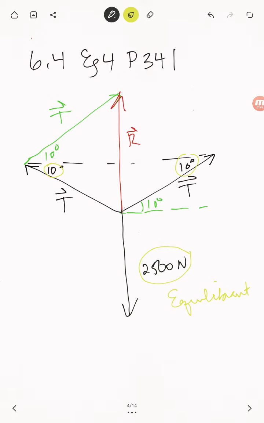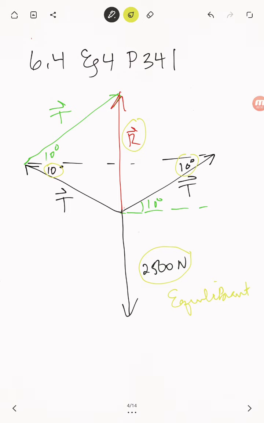And the only way that could be possible is if the forces acting on the stoplight are balanced. And so therefore, the weight of the stoplight is the equilibrant. And what we actually need to find is the opposite of that vector, the resultant of the two tension vectors, or we need to use that to find the tensions because the tensions are unknown here.